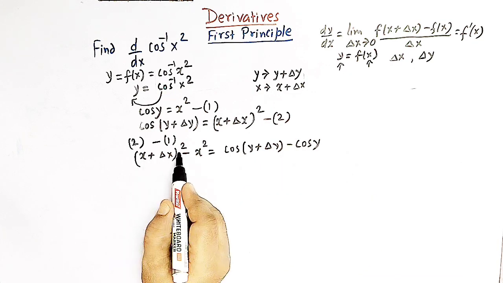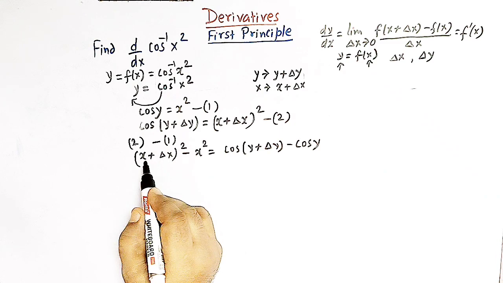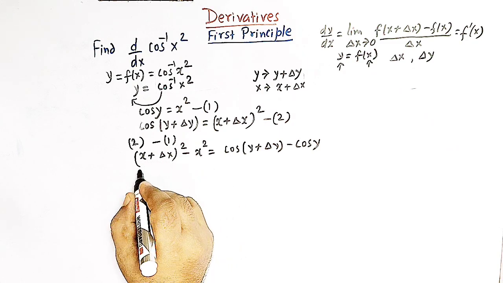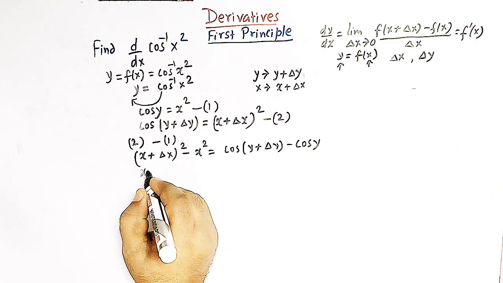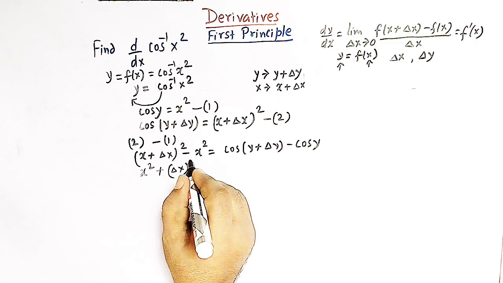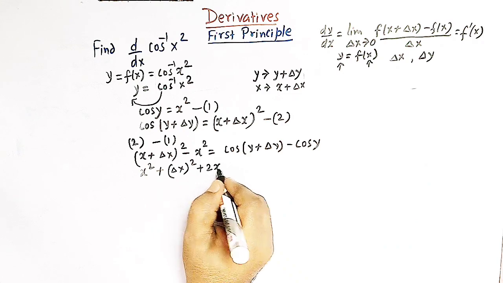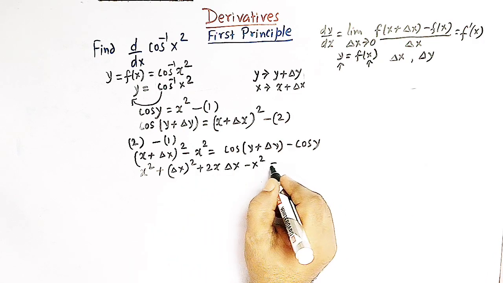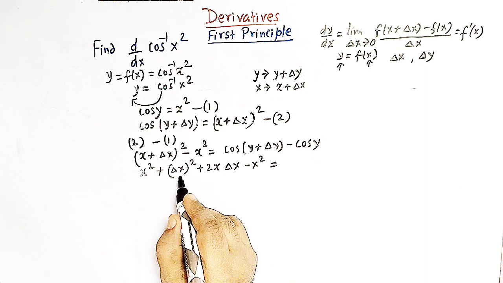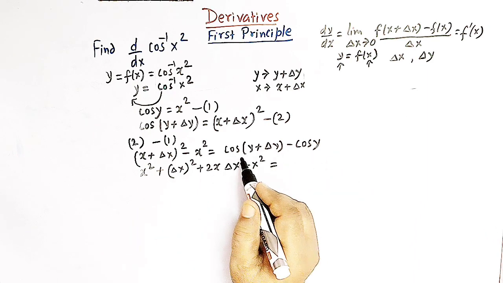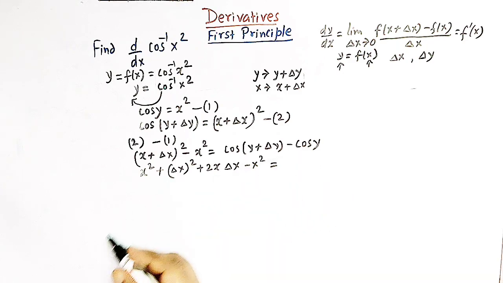Now x plus delta x square can be expanded using the identity a plus b square. So we have here x square, then delta x square, and then 2x delta x, and then minus x square. So this is a square plus b square plus 2ab, and here we have the difference of two cosine terms.